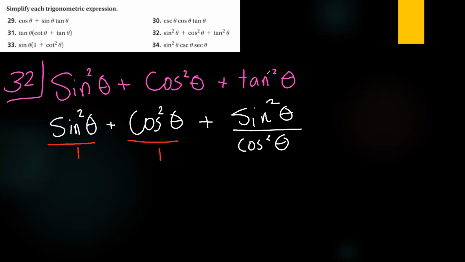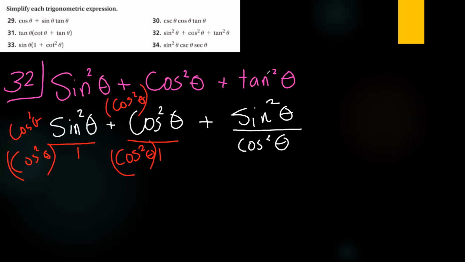added with different denominators. The denominator here is cosine squared, so we can multiply them here by cosine squared over cosine squared, and here by cosine squared, by cosine squared, and here by cosine squared. Then up here, what did we have?